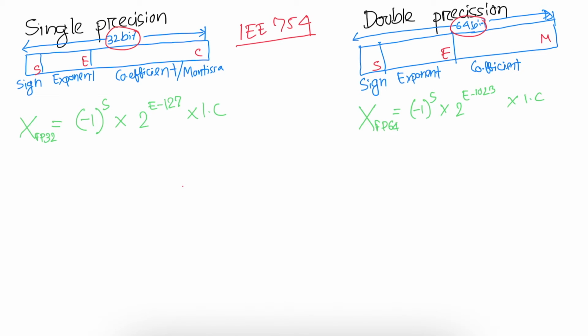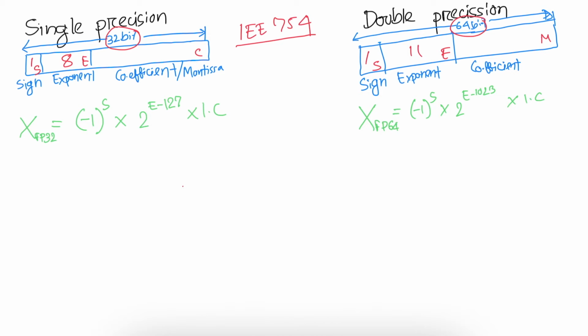Now let me tell you how many bits are allocated for each segment. In single precision, the sign is 1 bit. In double precision, the sign is 1 bit as well. For single precision, the exponent is 8 bits, and in double precision, the exponent is 11 bits.